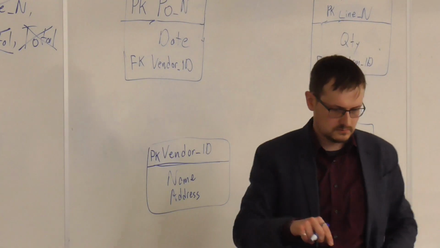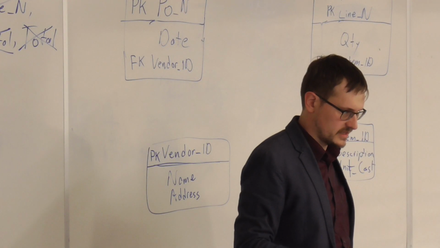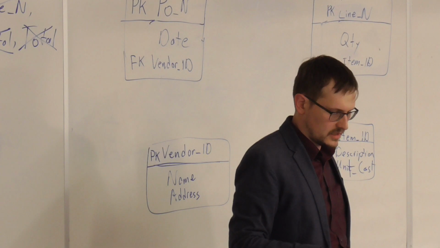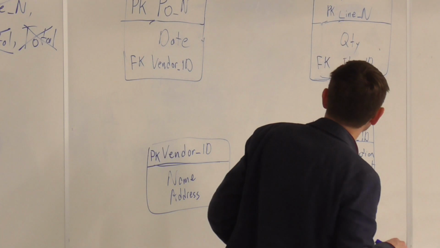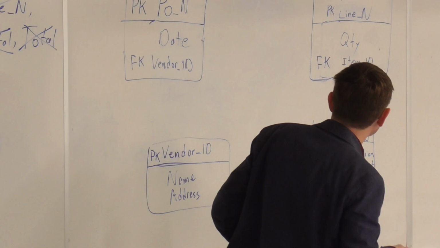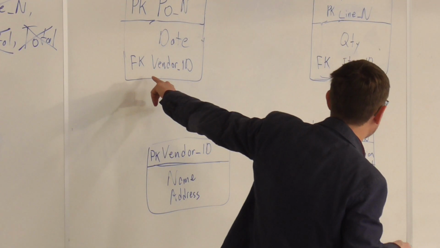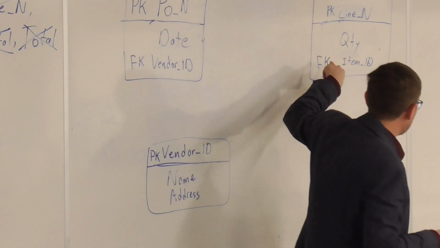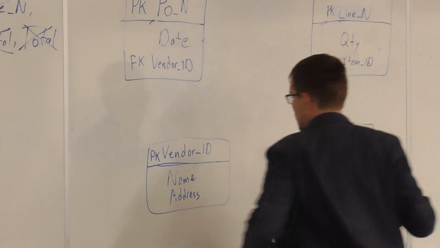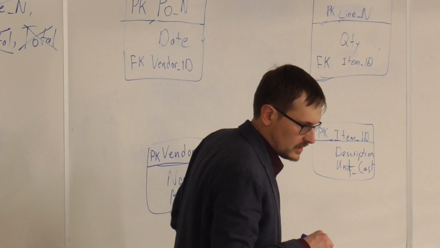Let me just check with the slides, see how the slides are doing. Yes, so, let's see, we got vendor ID, yep, and good. I think we're doing okay, actually.